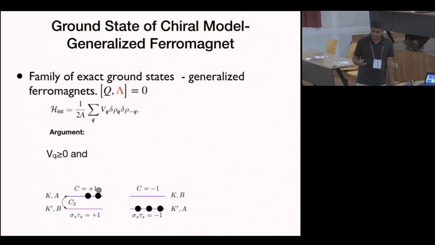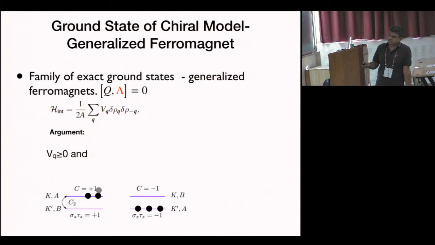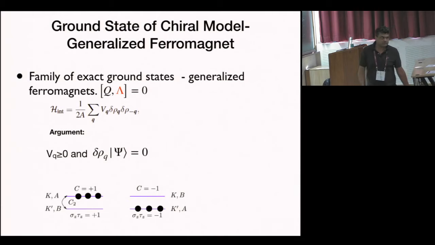So this basically proves that for this limit of simple form factor, a state like this, and all these other Slater determinant states, are zero energy states, which are essentially ground states of this Hamiltonian. We don't know if they are the unique ground states, but we know certainly that they are in the ground state manifold. So in that way, you're able to solve this problem, the no dispersion chiral model.